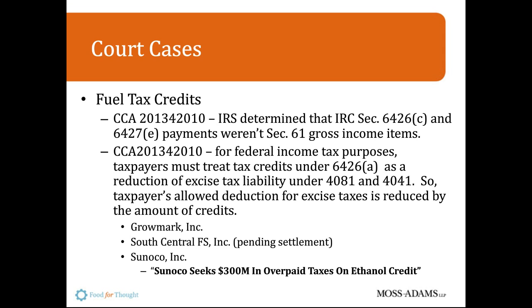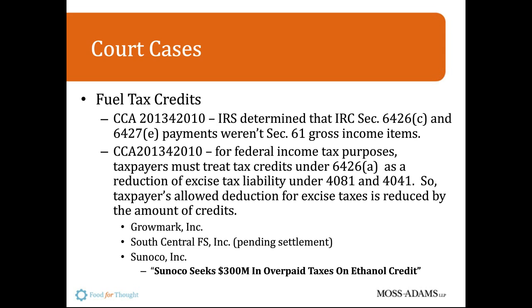Everybody that I'm aware of that has read that second one has not agreed with it, and lots of cooperatives and lots of other refiners and fuel companies have gone out and amended returns to basically take the position that those credits are not includable in taxable income.